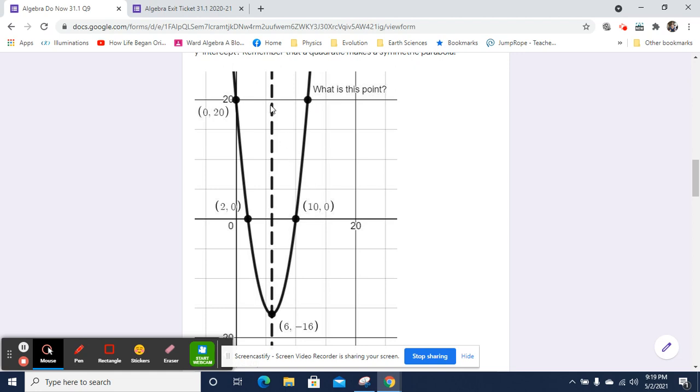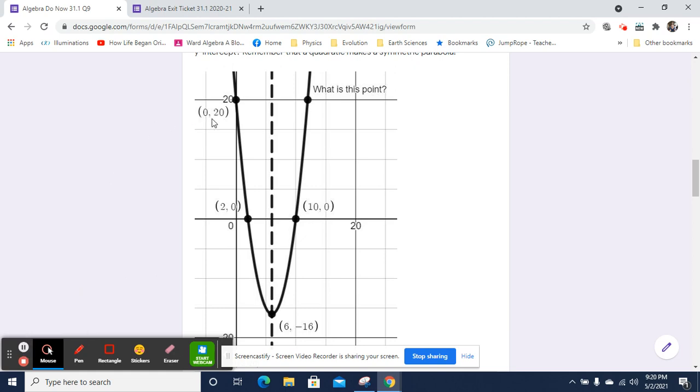Okay, and so we've got our two x-intercepts. They're symmetrical. They give us a nice structure here. Then we can find the vertex by getting halfway between them, finding out that halfway point x value, the average, and using it as an input to get this output, negative 16. Now, then we make x equals 0, and then we can plug that in.